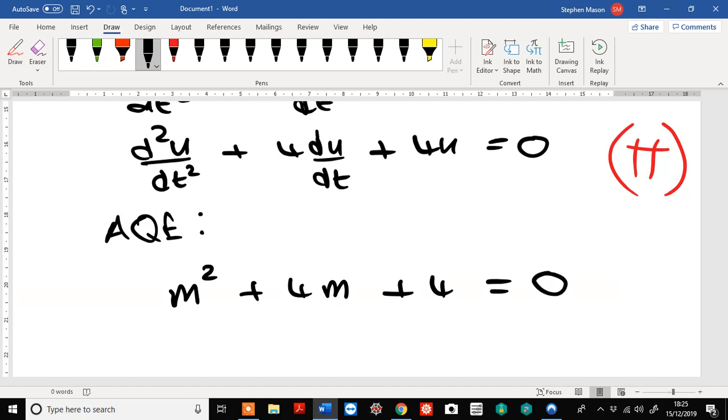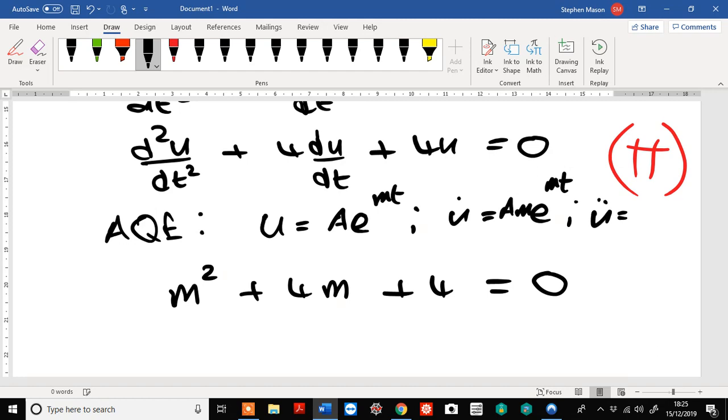Basically, you just substitute in u equals a e to the mt. You differentiate that, you get u dot equals a m e to the mt, and u double dot is equal to a m squared e to the mt. Then if you substitute each of those in, you get this auxiliary quadratic equation out of it.